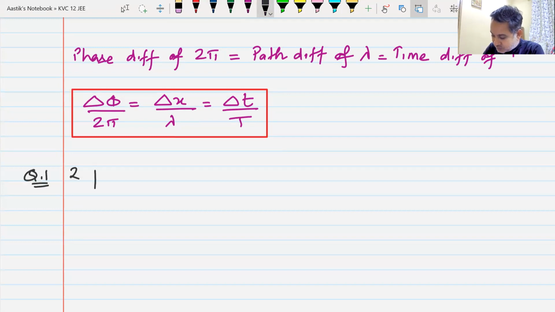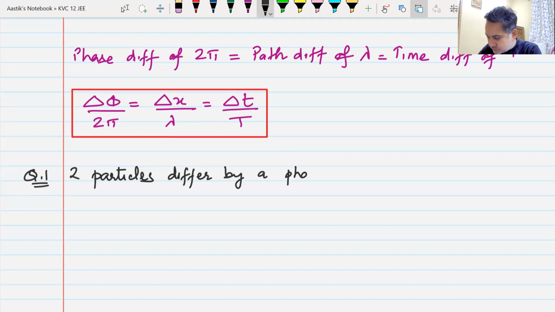Two points, or two particles, differ by a phase of pi by 3. Remember, whenever we talk about phase or phase difference, we always talk in radians and not degrees, because radian is the SI unit.